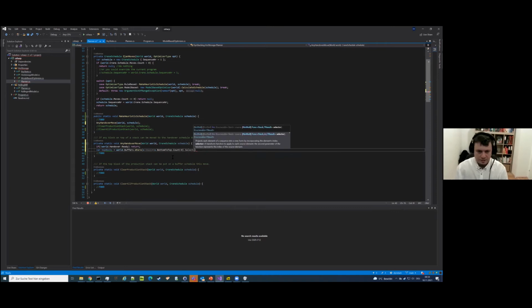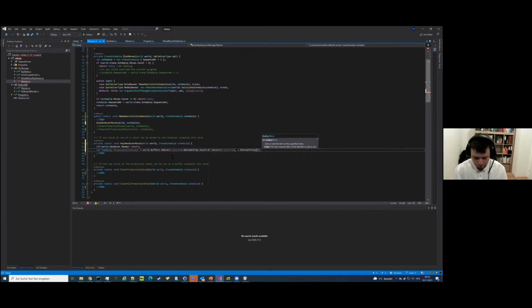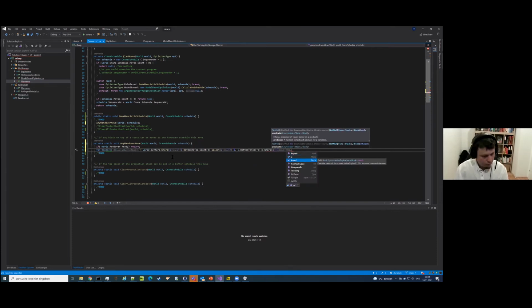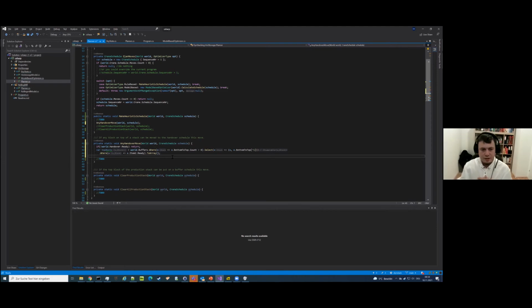Then we select ourselves both the block and the corresponding stack. We can only use ready blocks, and then we save ourselves all the potential candidates that we could move to the handover area in an array.